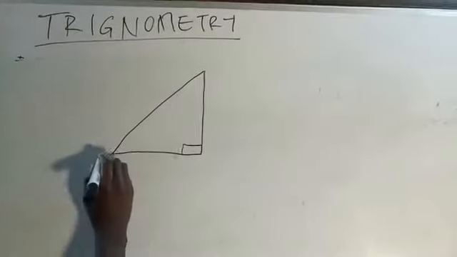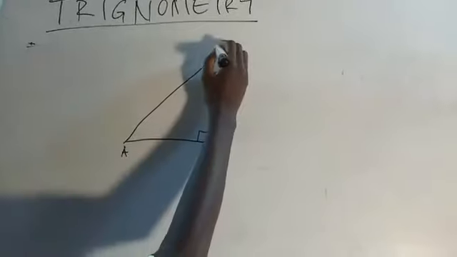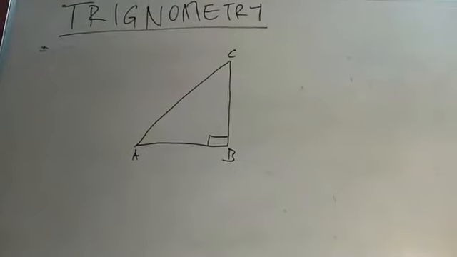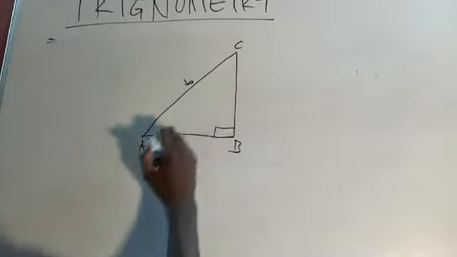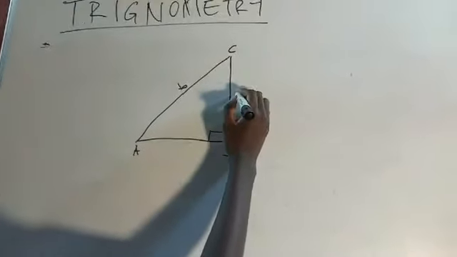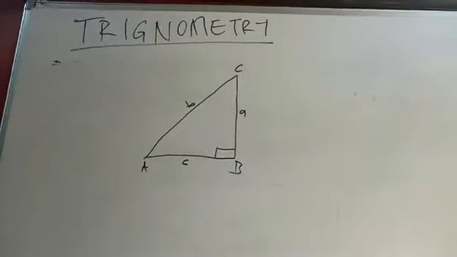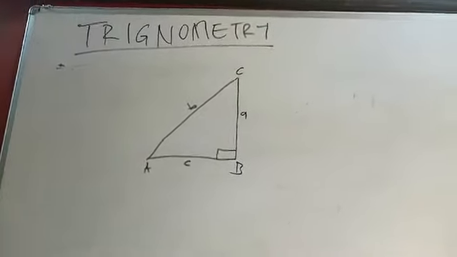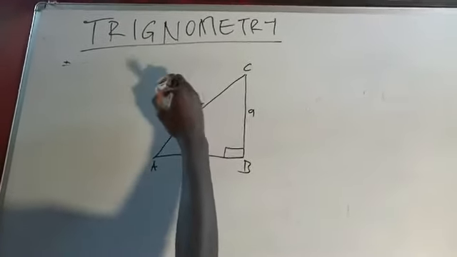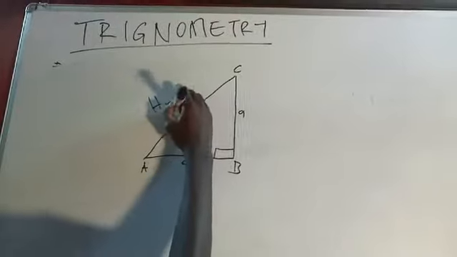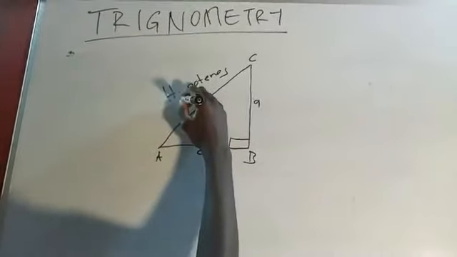If this is A, B, C, so this side will reflect B, and this one reflects A, and this one C. So this side is the one which is called the hypotenuse. This one here.